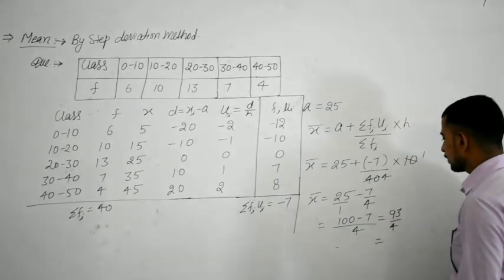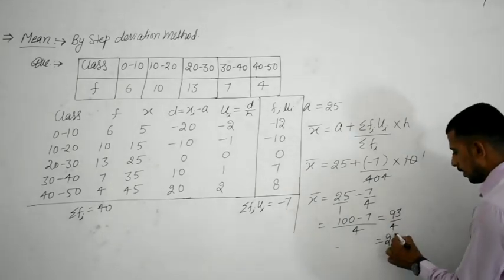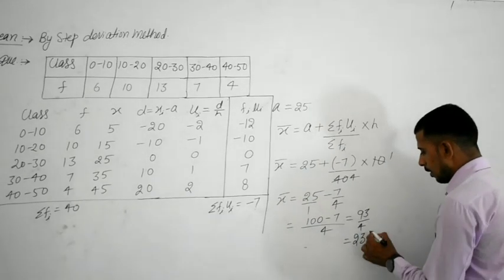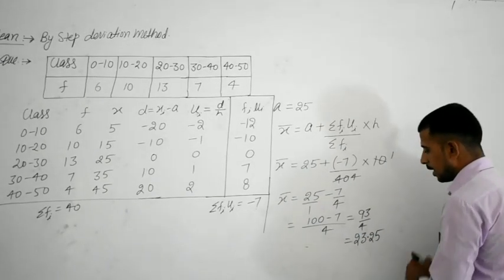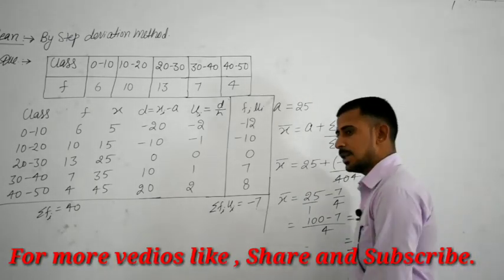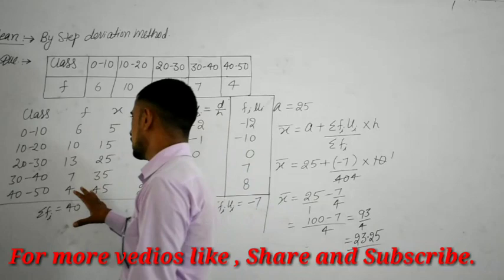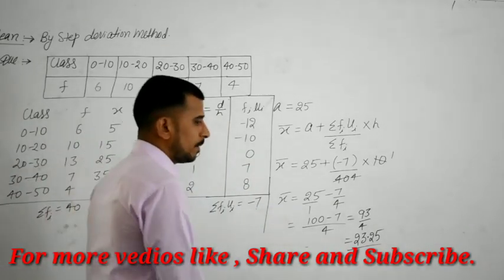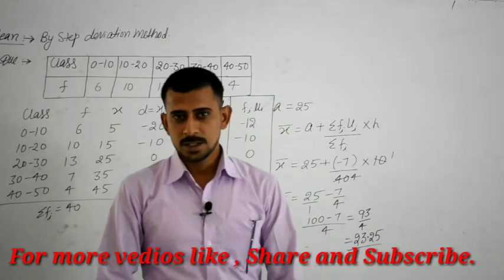After division, 4 2s are 8, remainder 1, 4 3s are 12, remainder 1, and 4 5s are 20. Then the answer is 23.25, the mean of this frequency distribution table by the step deviation method.